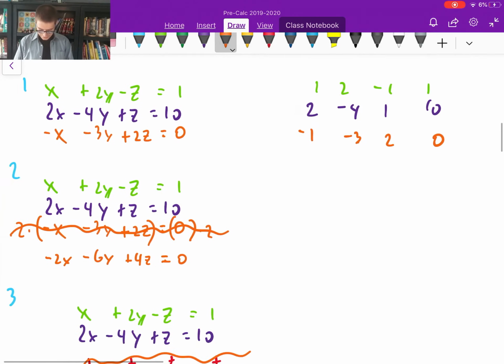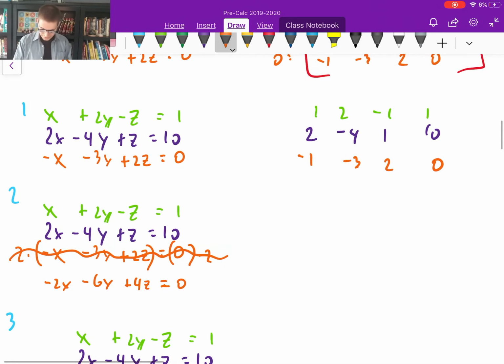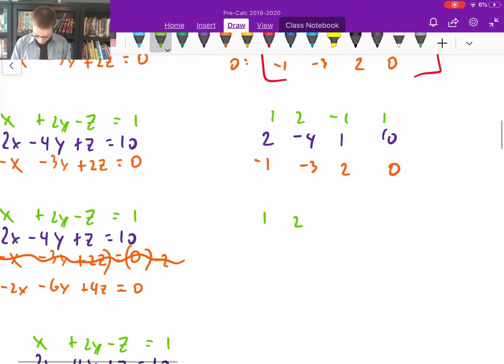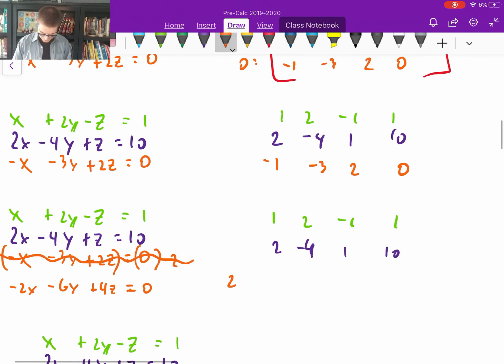Rule number 2 says that I can multiply any row by a number. So in this instance, I can double orange. I can take the orange row and multiply it by 2. So I'll copy the first two: 1, 2, -1, 1, and 2, -4, 1, 10, and finally, I want to take 2 times this entire row.